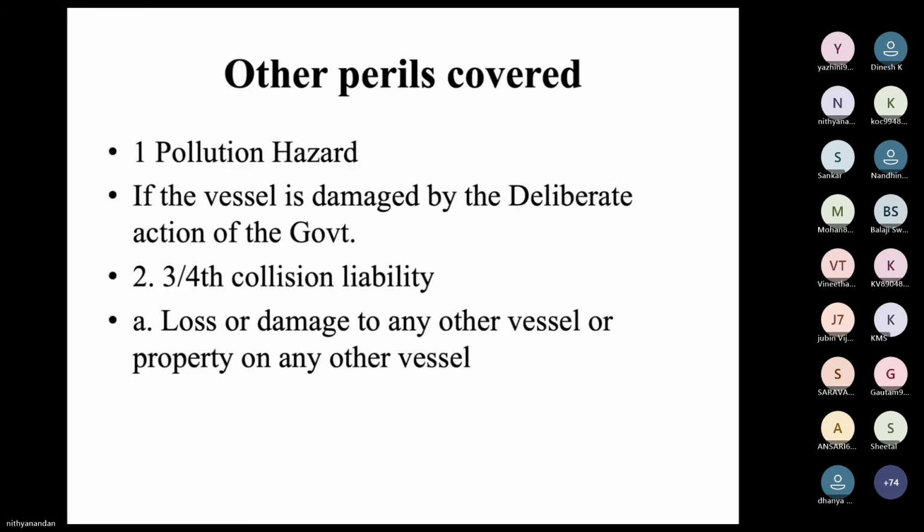Okay. Next one is collision liability. You should understand hull policy is having huge sum insured. So collision liability under hull policies is different from the collision liabilities of motor policies. Under motor policy, normally we will not proceed against the wrongdoer. Our vehicle is parked and one vehicle is hitting against our vehicle.